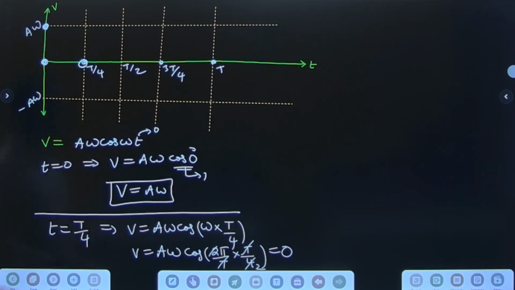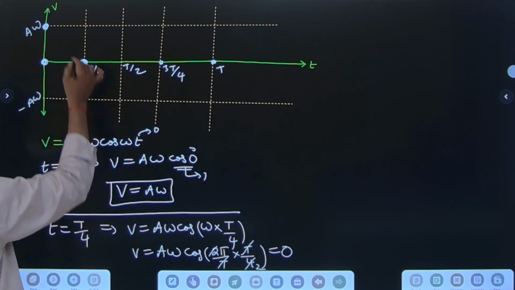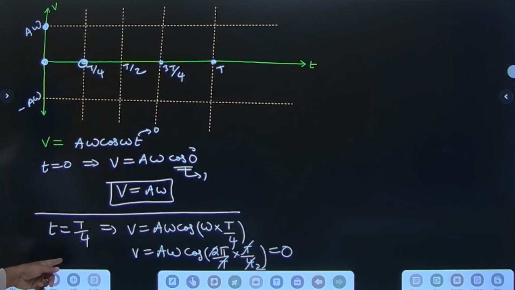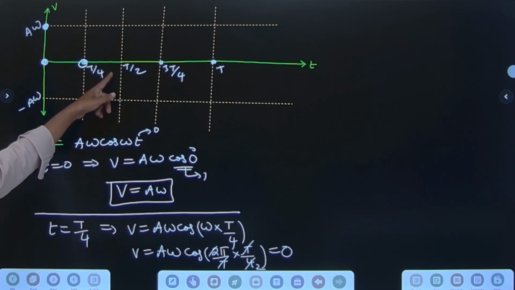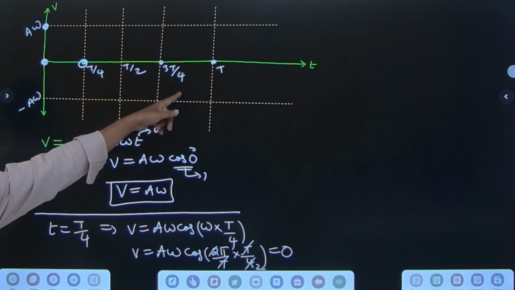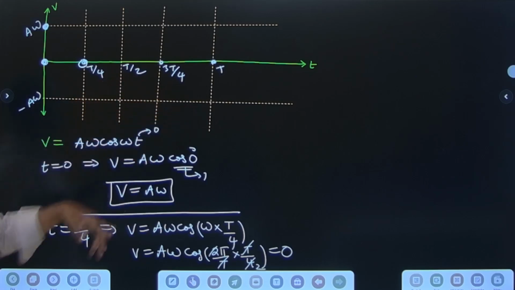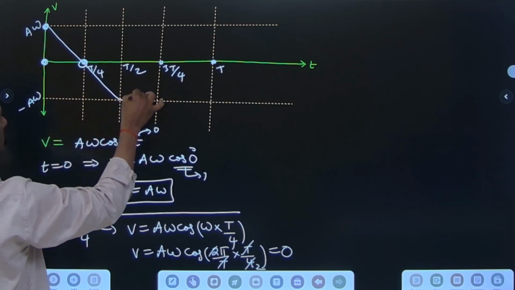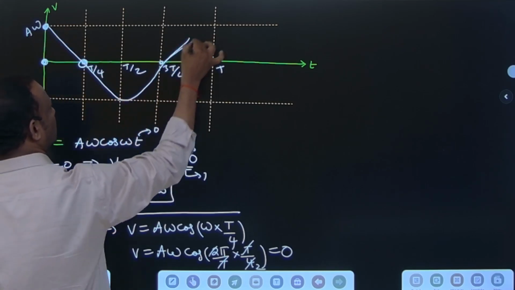Same like this, if you go on, t equal to 0, t equal to T by 4, T by 2, 3T by 4, t equal to T. If you substitute, the wave is like this.